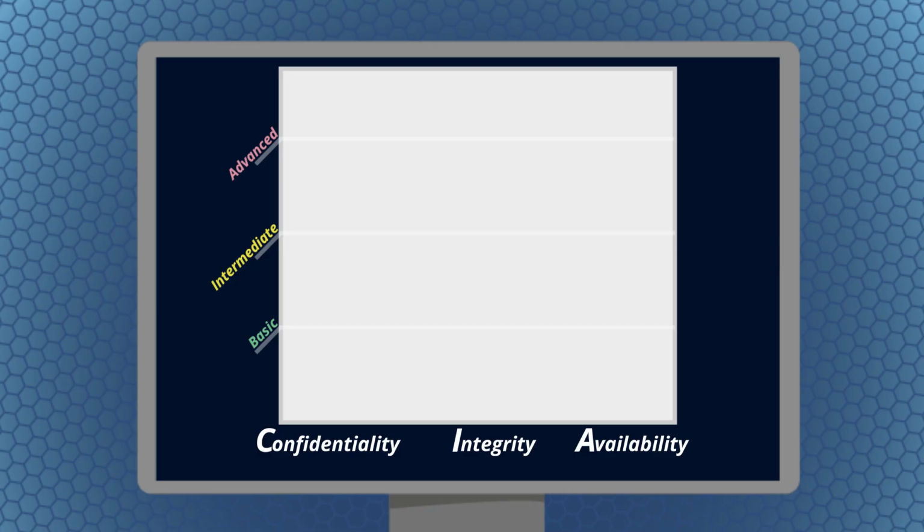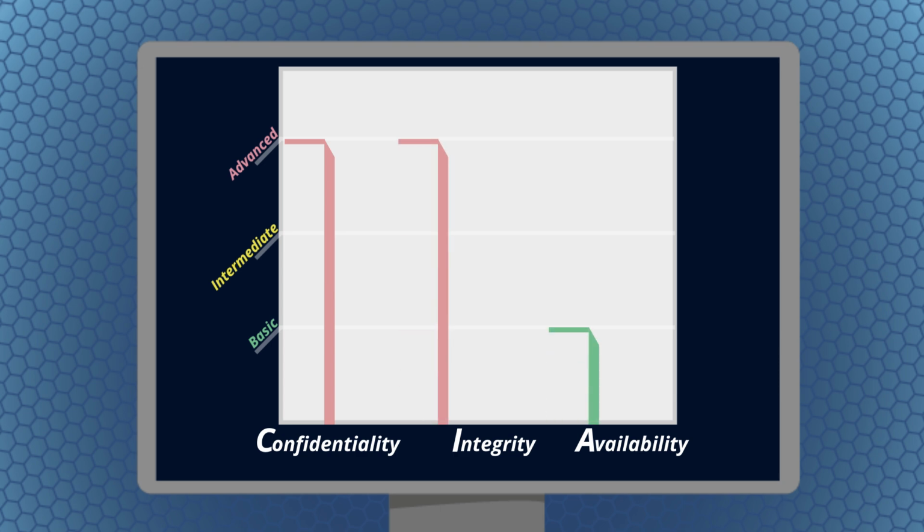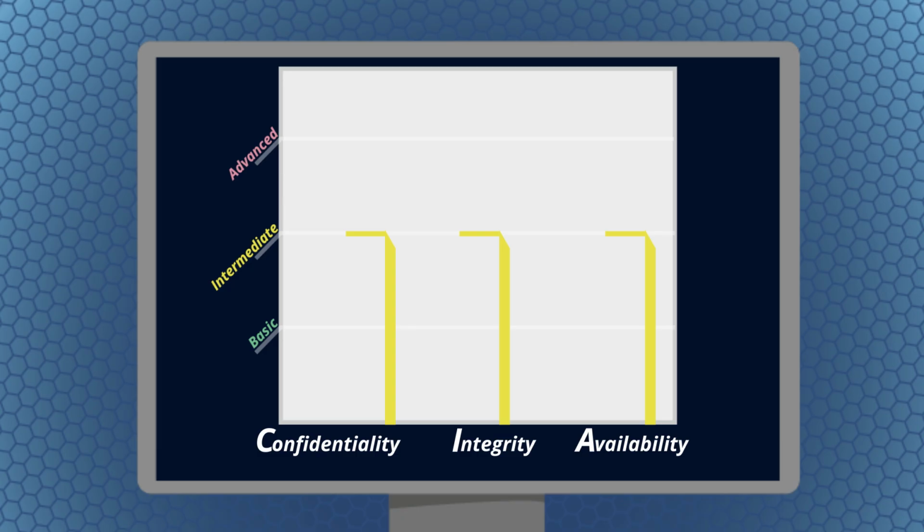For example, some information could require advanced levels of security in confidentiality and integrity, but only require basic levels of security for availability. Another piece of information may require an equal intermediate level of security in confidentiality, integrity, and availability.